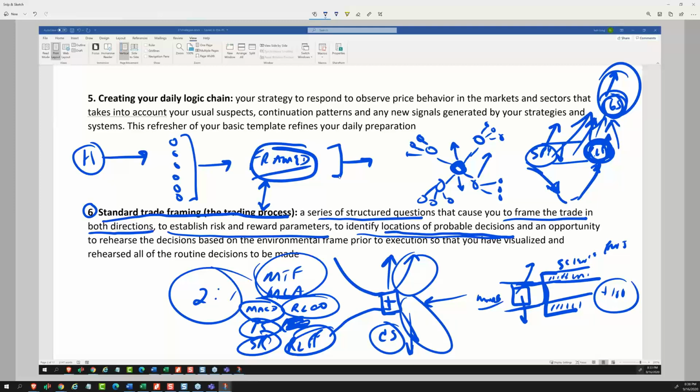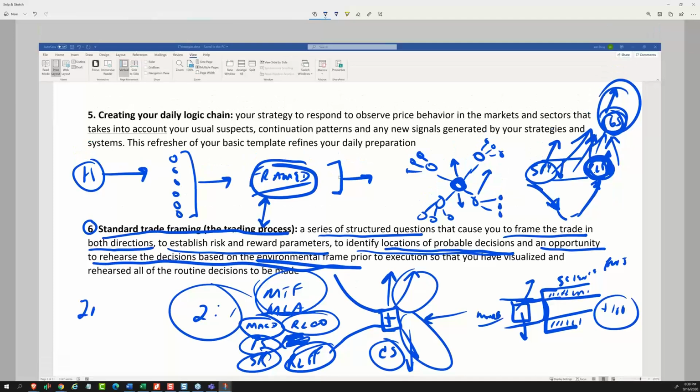And then if we know where those known points are, that's why they're known points, then we can rehearse our decisions based on the environmental frame that we created with this lens. And that's where the 2R battle drill is so crucial, because that gives us a way to rehearse all the decisions we need to make for the trade that we hope to see.